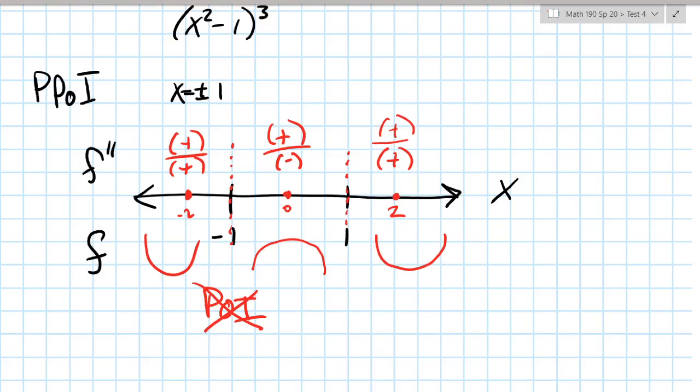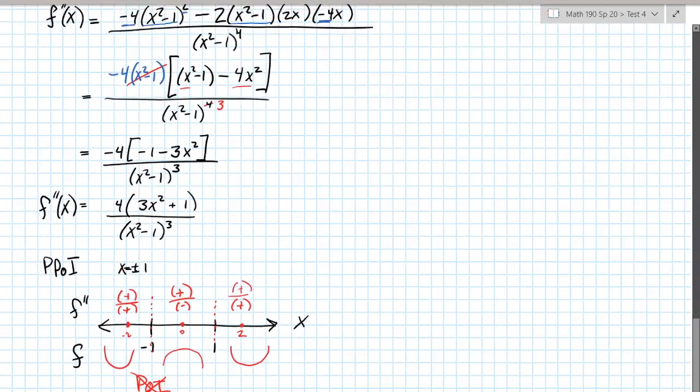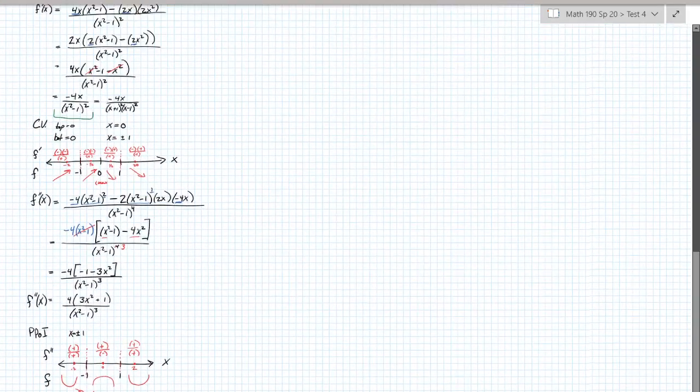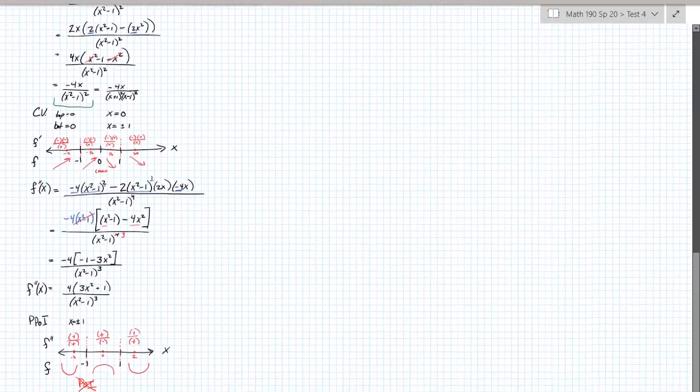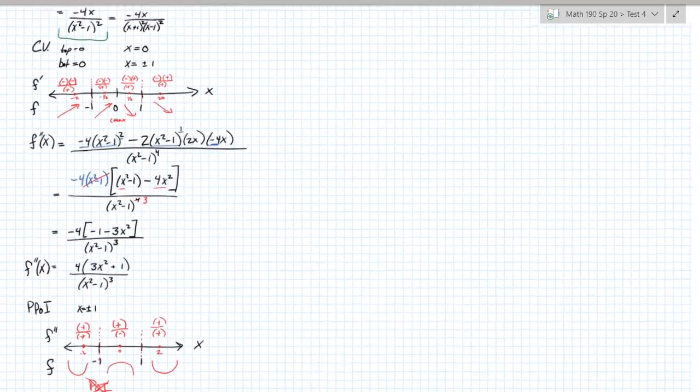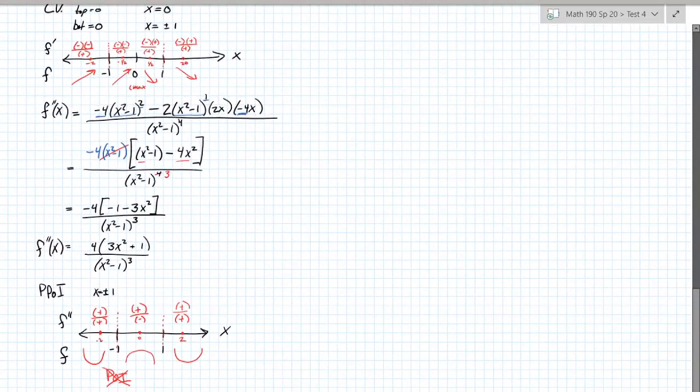Alright, so we're going to try to put all this together. There's all of our features all at once. Kind of hard to see. Really, I just care mostly about the number lines.